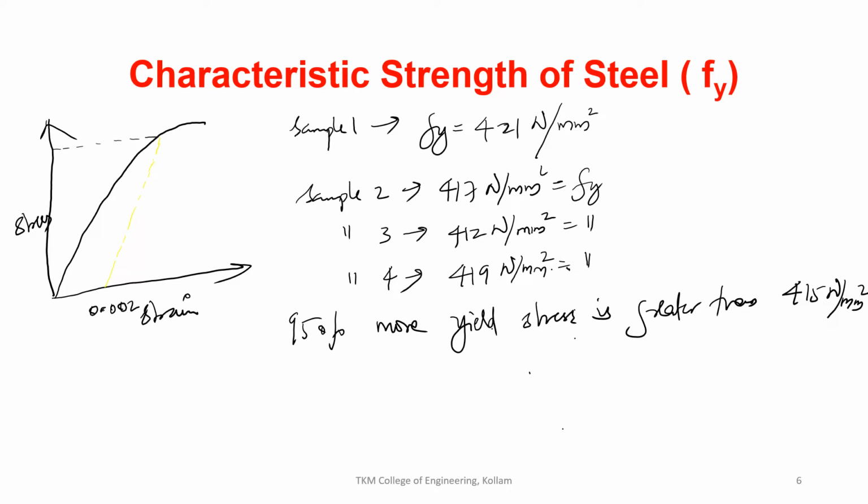It is similar to concrete itself. Here the characteristic strength of the steel used is 415 Newton per mm square.